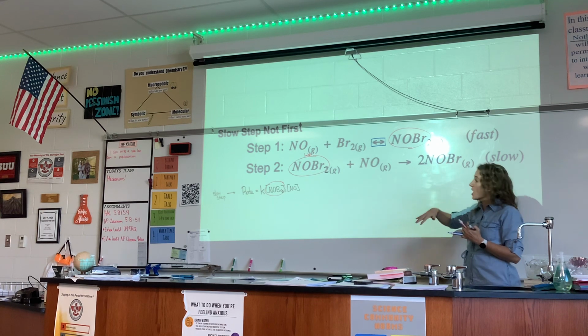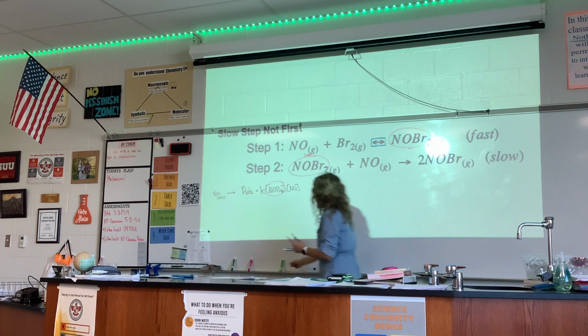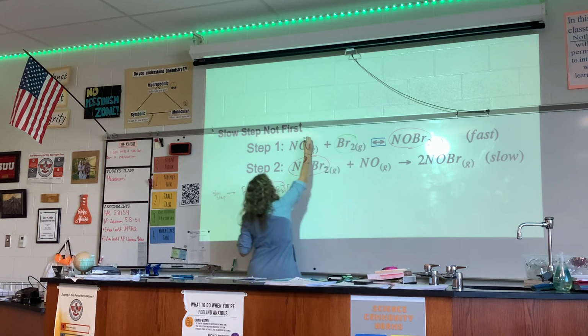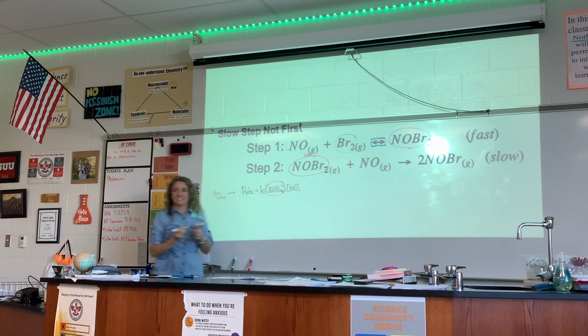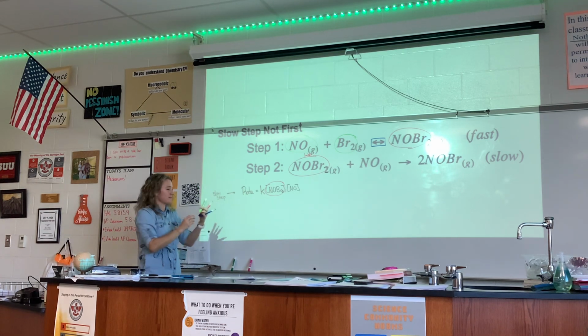Okay? So, because of this, this is what I need to substitute, correct? Our equation says that this, I'm switching colors again, is equal to this and this. So I can write those two things in place of the NOBr2. So I'm going to rewrite it down here and I'm going to match my colors.